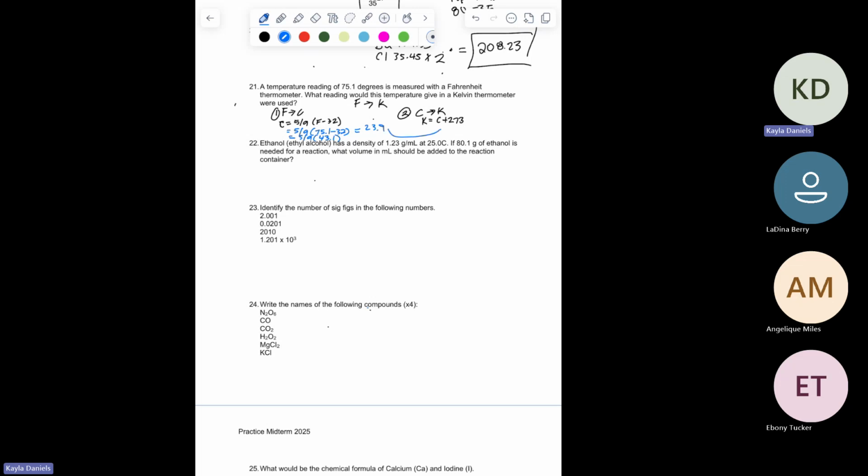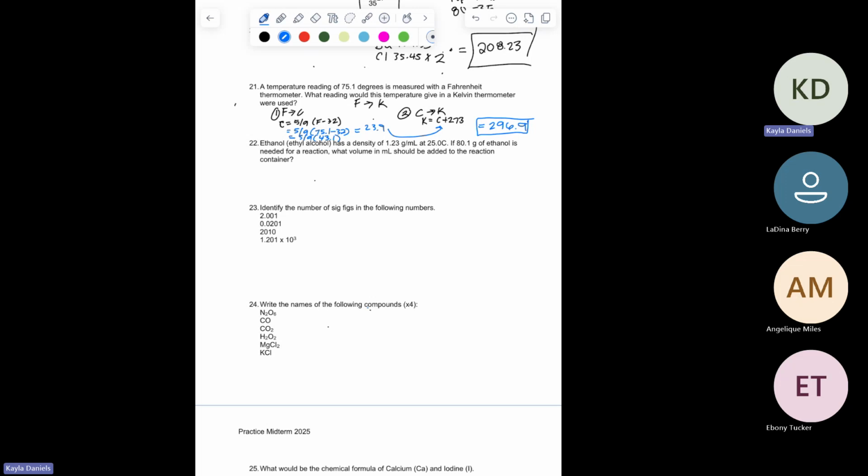And so now that's my Celsius, I need to add that plus 273 to get my Kelvin. And I got 296.9 as my answer.